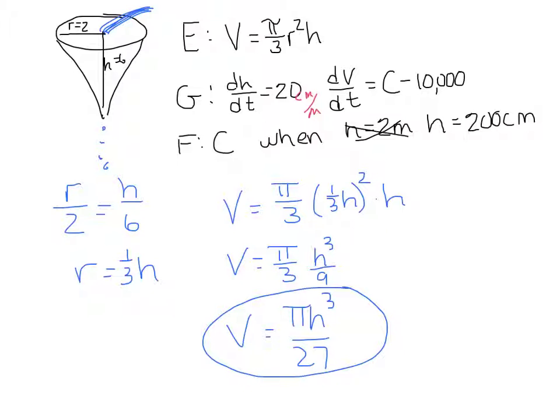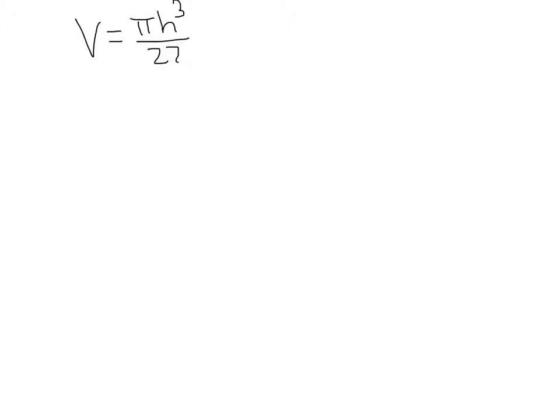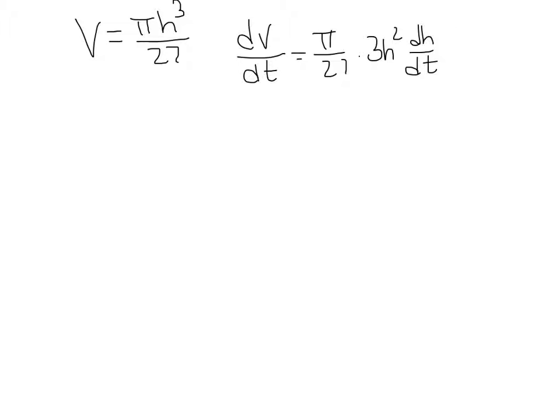All right, I'm going to go on to the next page and continue on. So getting the related rates equation, I'm going to have that dV/dt, the derivative of the left-hand side, is equal to pi over 27 times 3H squared dH/dt. I can cancel this 3 and this 27, leaving me with a 9.